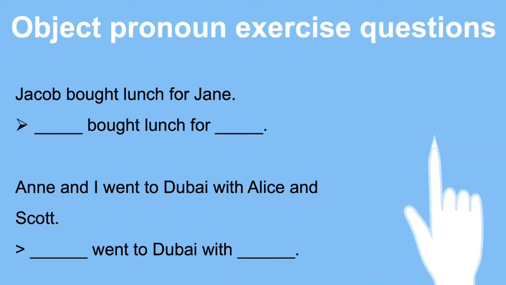And then Alice and Scott. Since you're talking about yourself, you would say we. We went to Dubai with them. Okay, that's how the sentence is. Thank you. You're welcome.